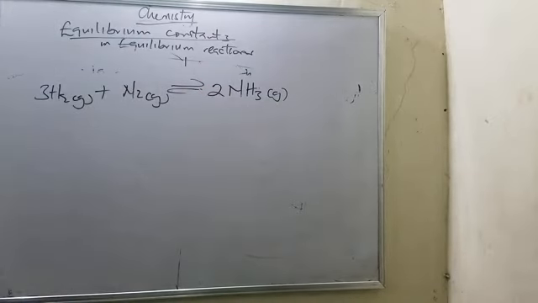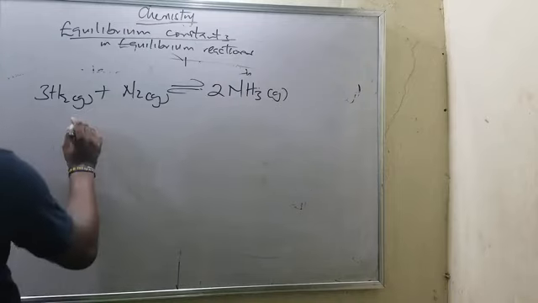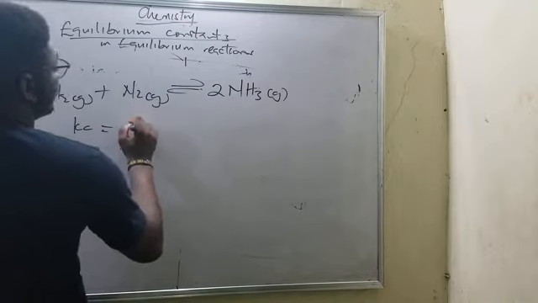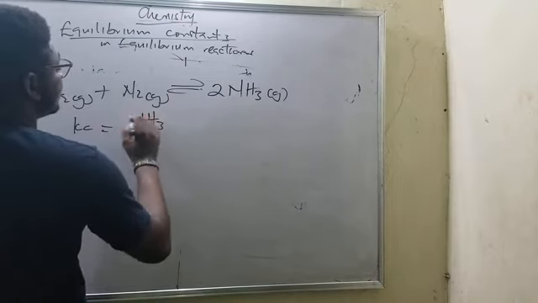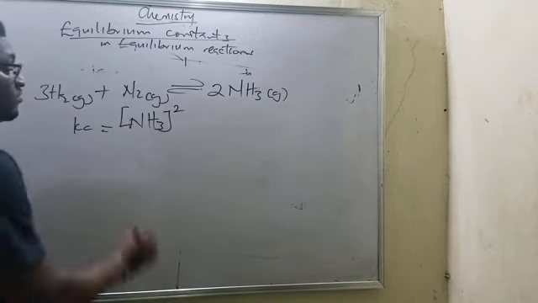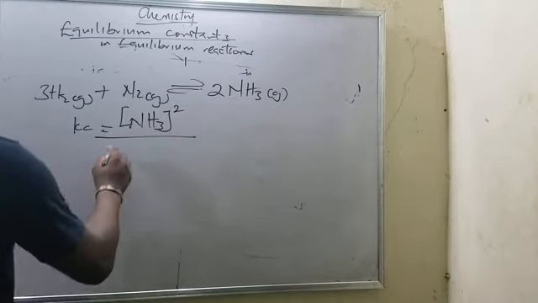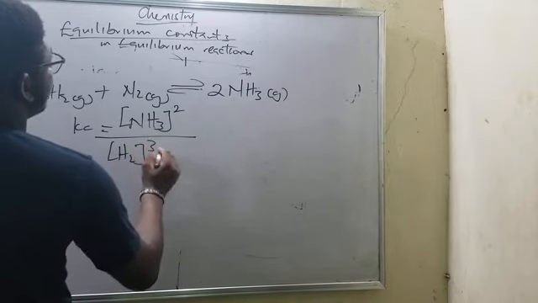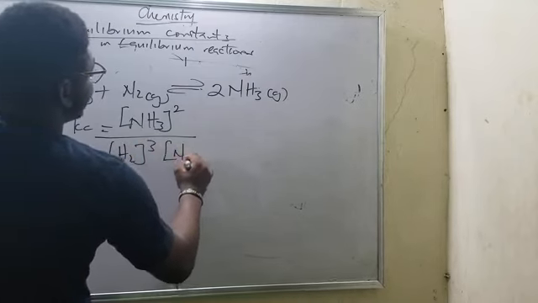So how do we put this in an equilibrium constant? We have Kc should be what? We have NH3. Please don't forget your square brackets. Raised to the power of 2 over H2 raised to the power of 3 and N2.